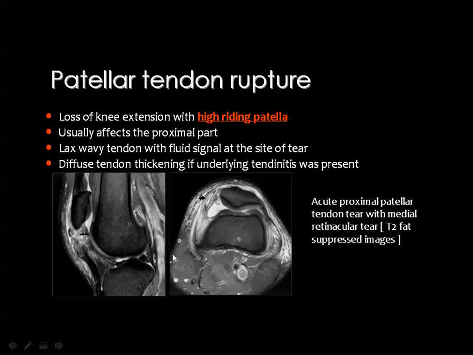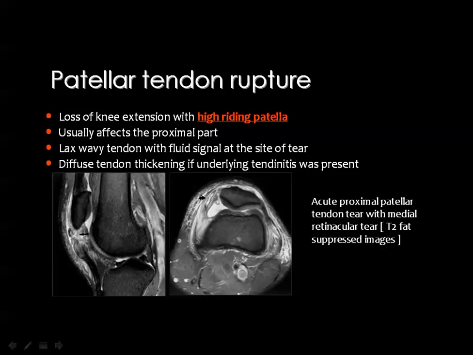Because of the intimate relation of the patellar retinacula to the quadriceps and the infrapatellar tendon, sometimes injury of one of the quadriceps or the infrapatellar tendon may be associated with rupture of one of the patellar retinacula.